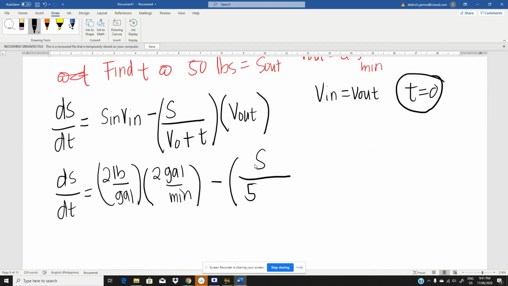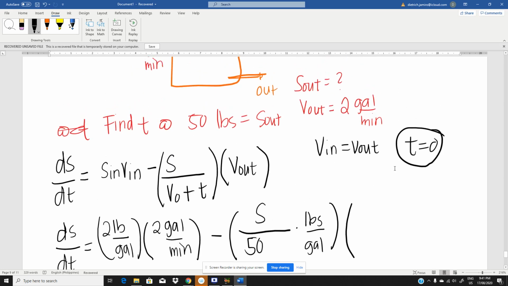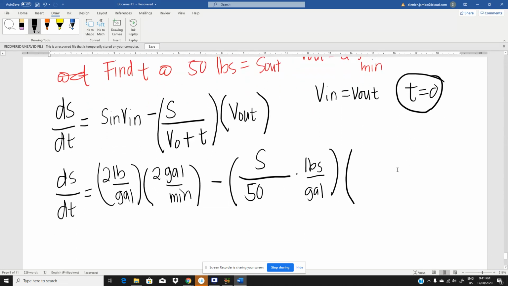So 50, and as you can see, we don't have T. So we will have pounds per gallon multiplied by our V out. So our V out is equivalent to 2 gallons per minute.